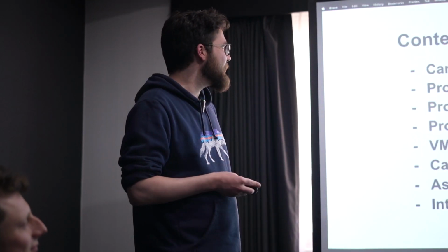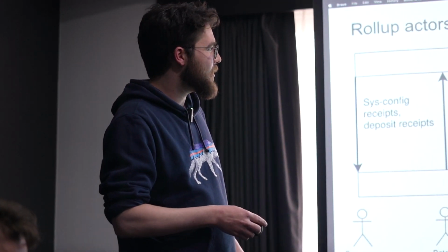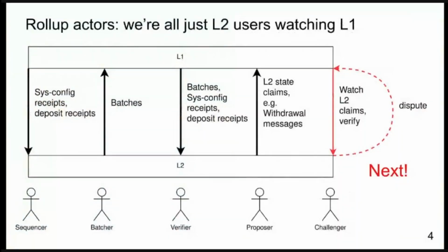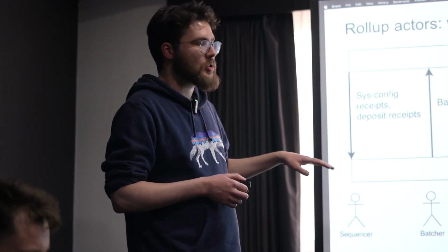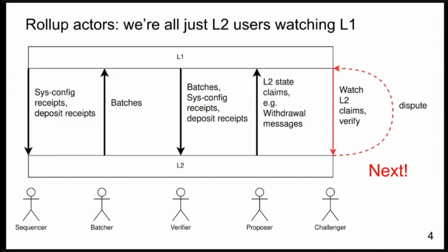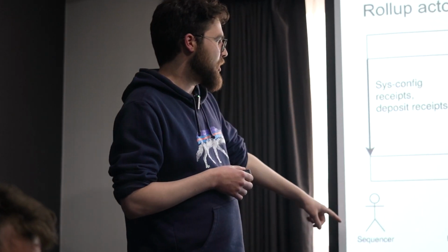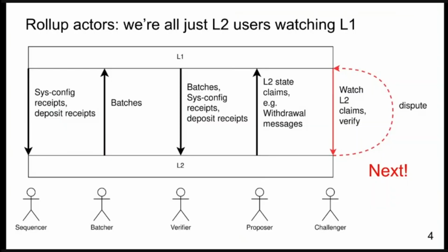Okay. So, in our current rollup system, we have these different actors. They're all just basically people, entities who run the layer 2 software, putting data from layer 1, watching layer 1. So we have the sequencer taking information from layer 1.